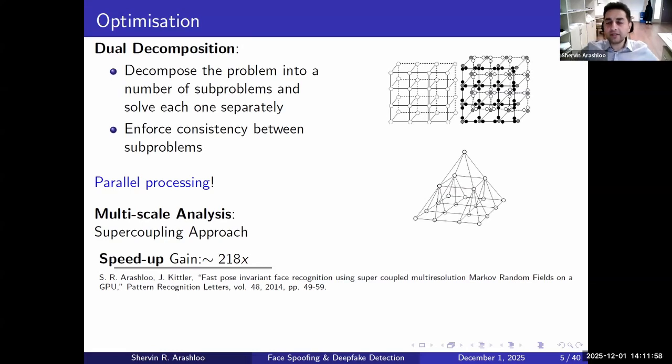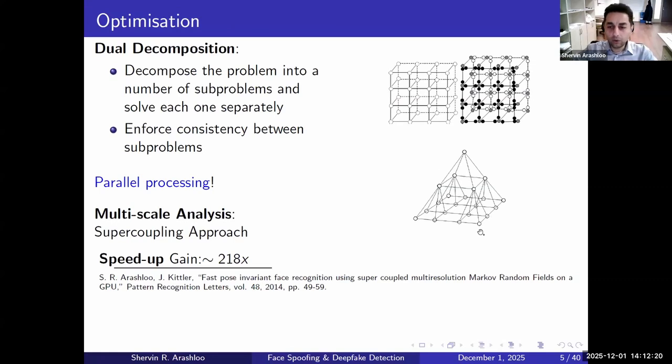So we implemented this method on a GPU at the time, but on top of that, we also used a multi-resolution matching, meaning that we started from a coarse representation of an image, and then iteratively we moved on to smaller and finer representations of the image.